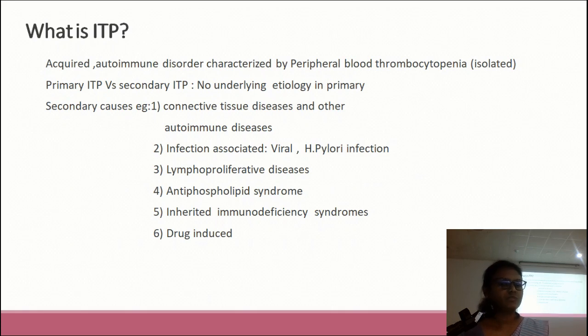It could be infection associated, commonly viral infections, HIV, hepatitis C, hepatitis B, and H. pylori also is a recognized infection for secondary ITP. Some lymphomas and lymphoproliferative disorders can also cause secondary ITP. Also antiphospholipid syndrome, inherited immunodeficiency syndromes, especially in children and young adults, and drug induced.